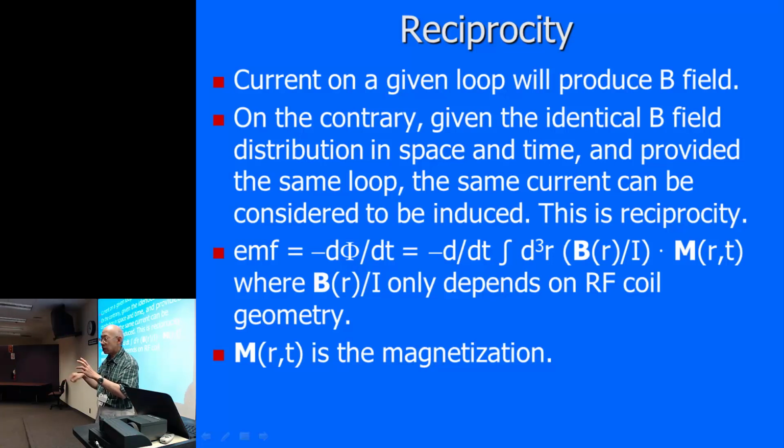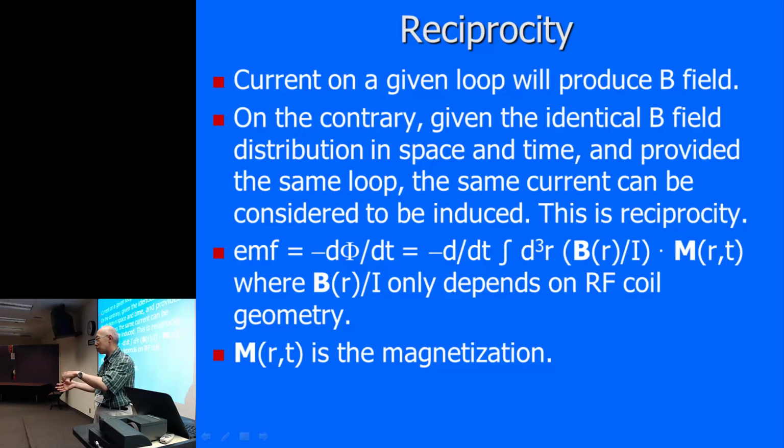Now think about this in the opposite way. Assume that I have some magnetic field distribution in space, and this field distribution turns out to be identical to the situation I just described: a loop with a DC current flowing in it.